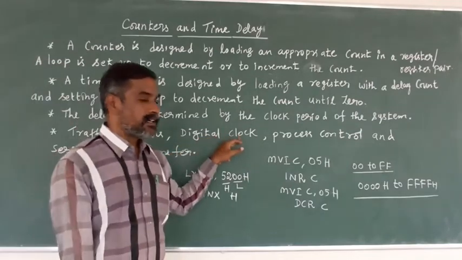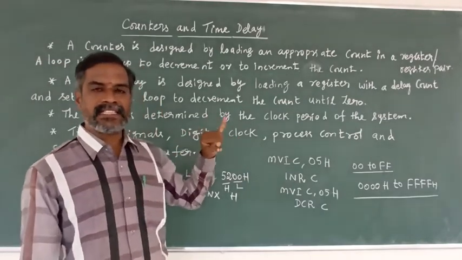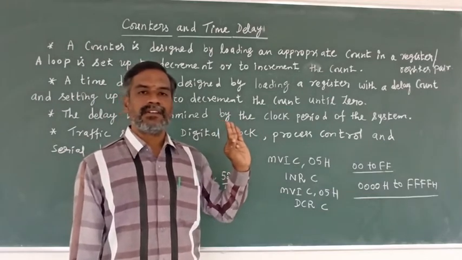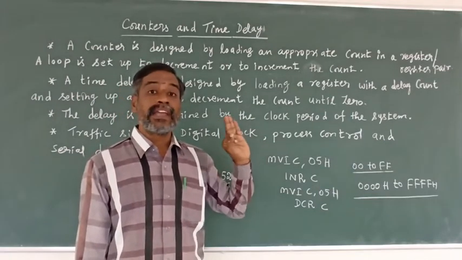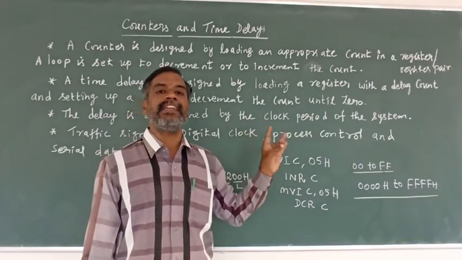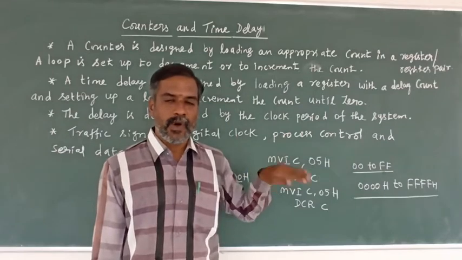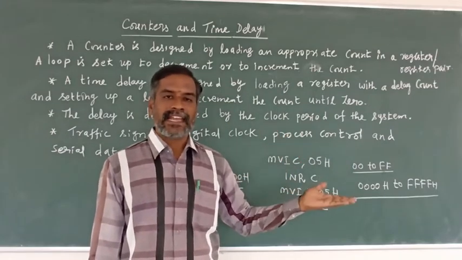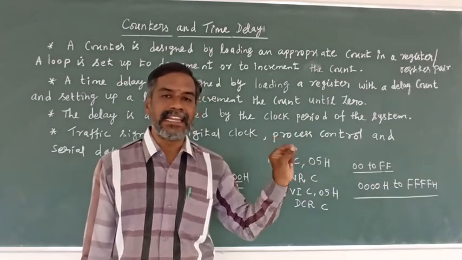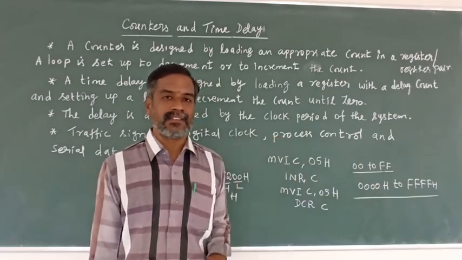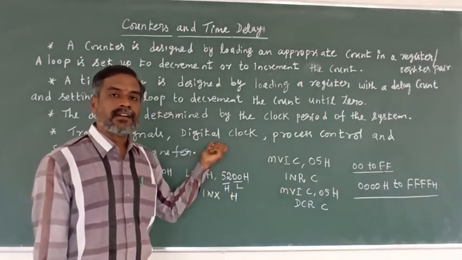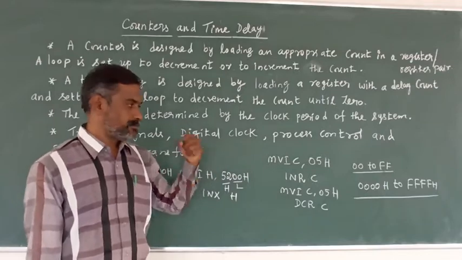And digital clock: minutes, seconds, hours. Without delay, we cannot view the minutes, seconds, hours in a digital watch. If you want to view them, we have to give a 1 second delay between two data. Then only we can view the digital time.